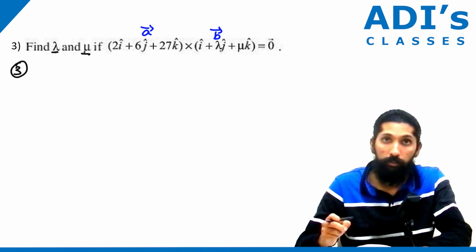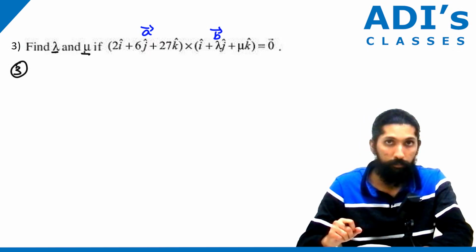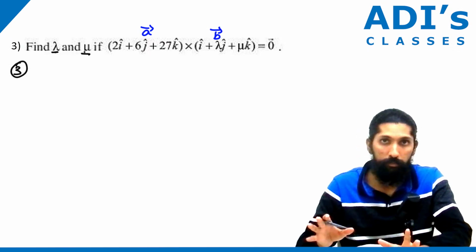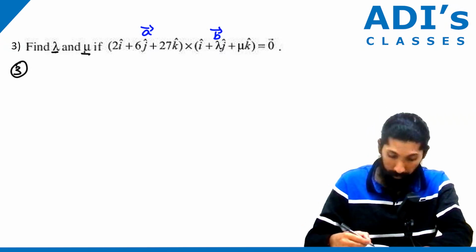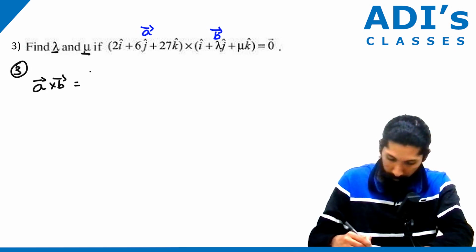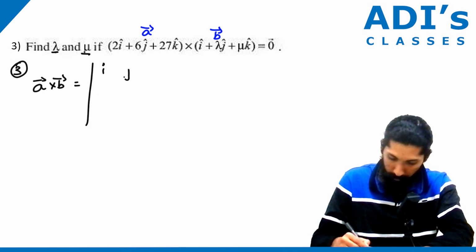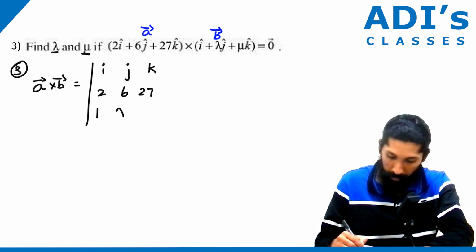Now we'll take mod of A, mod of B. You can start with that also, or you can just calculate A cross B for now. We'll look into that part. So when we do vector A cross vector B, i j k, 2, 6, 27, 1, lambda and mu.